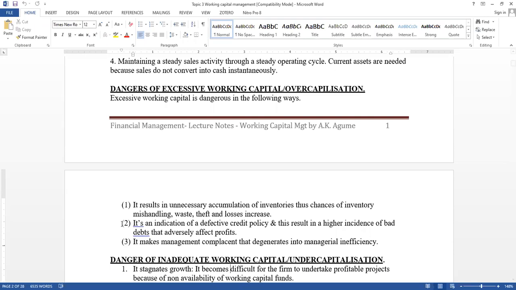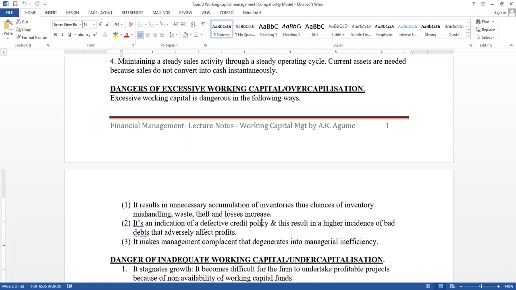Then it may also be an indicator of a defective credit policy, especially if you find that you have so many debtors, because you sell on credit.